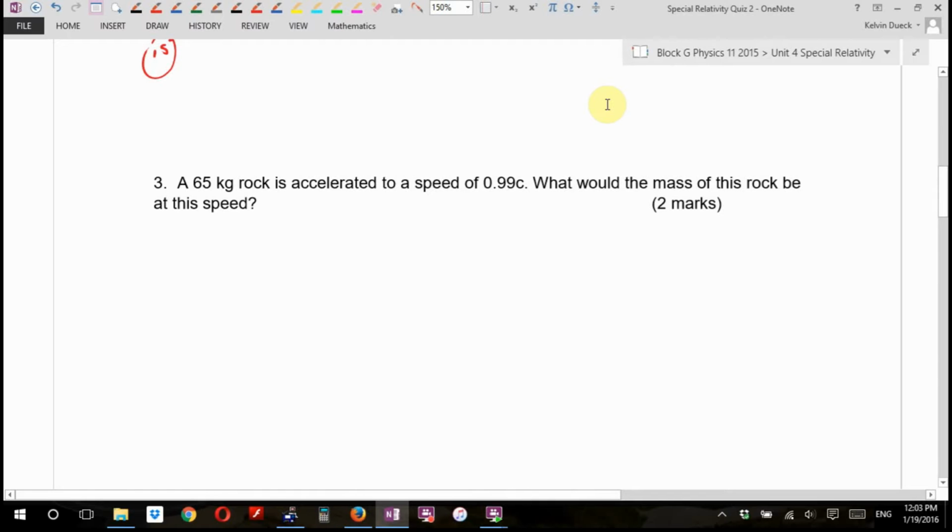Number 3. Well, they're asking me to find a mass. Are they asking me to find M0 or M? Because the M at speed 0, the original mass, is 65. Our speed is 0.99c.